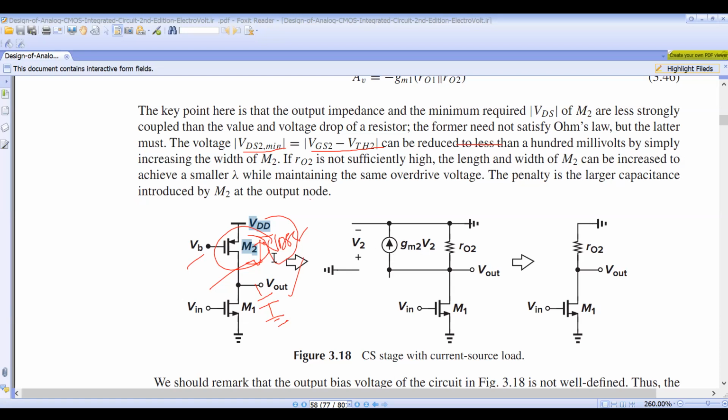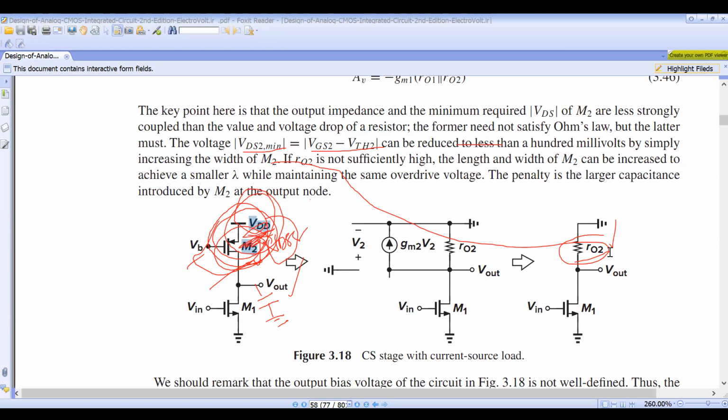So this is the equivalent circuit of this device. One PMOS transistor can be replaced by a constant resistor, R02. And this is the output we are looking at. This R02 value should be high because your gain depends on R02. How to improve R02? By increasing the width of the device.